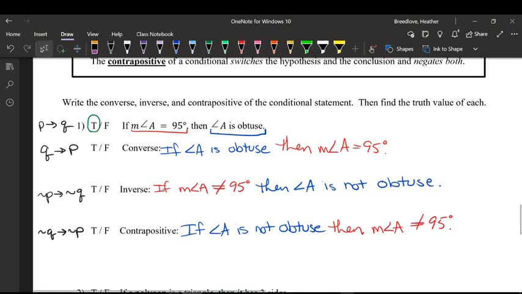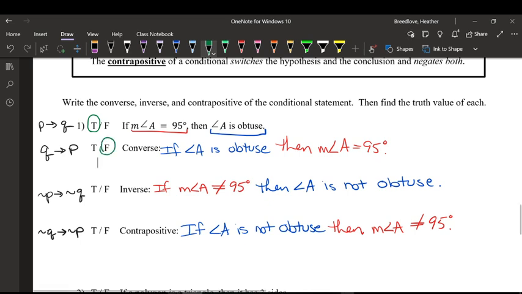Then the measure of angle A is, is there anything else we can fill in for 95 degrees? 91 degrees, sure. So if angle A is obtuse, then the measure of angle A could be 91 degrees, and it would still be obtuse, right? So that means this is false. It doesn't have to be just 95. Anywhere between 90 and 180 degrees makes this a true statement, so this is false.